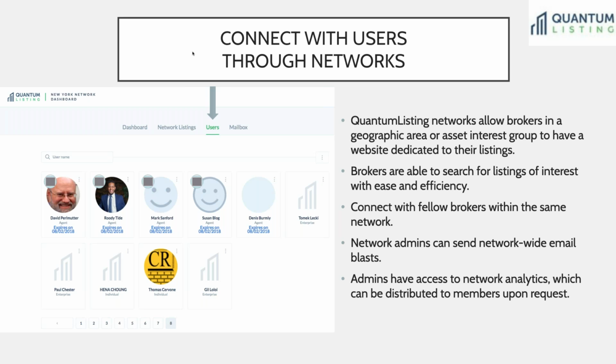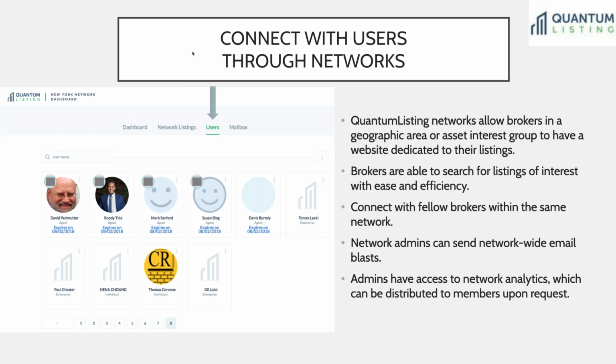So once again, with the magic of iframes, if you have your own network, you can paste that up onto your website, and as new listings and new agents get added to your network, it grows automatically on your website. It populates with that automatically. Brokers are able to search for listings of interest with ease and efficiency in their network.